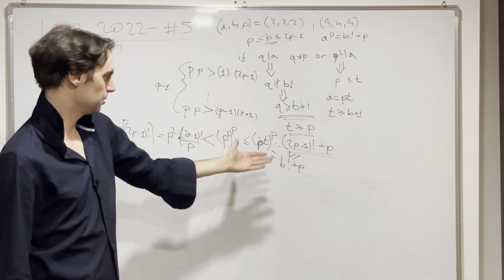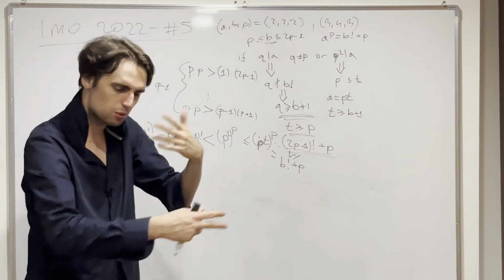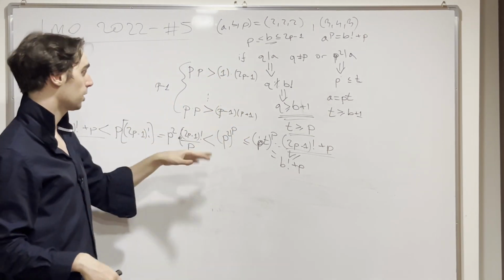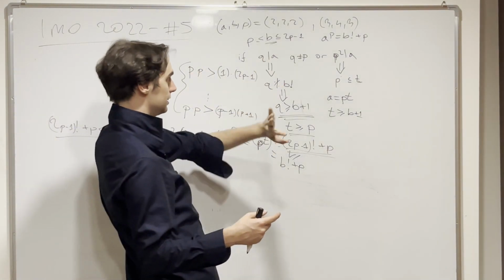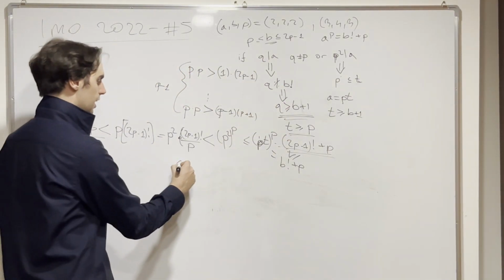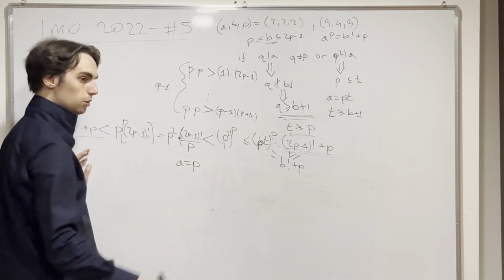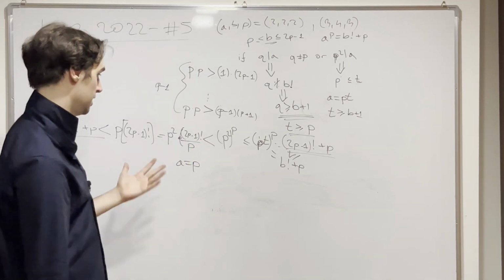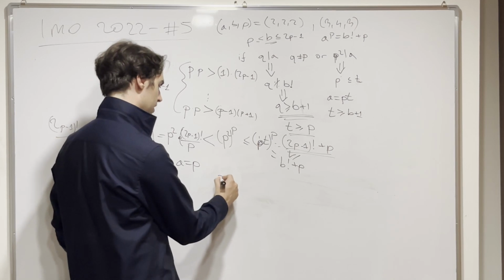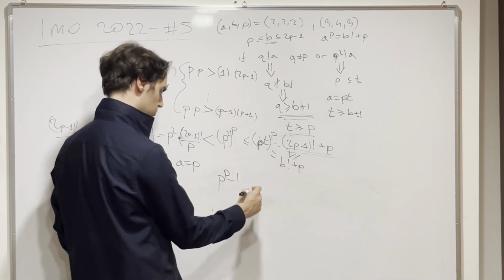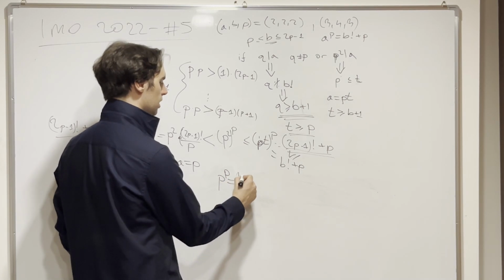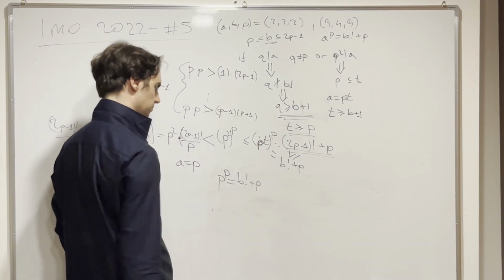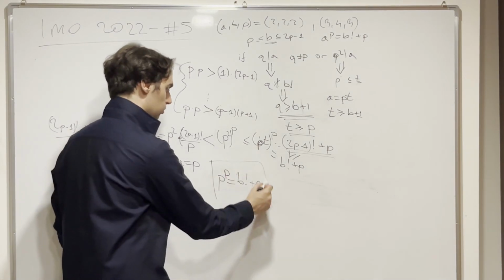So this part, also, mind you, is a step-by-step process, and now we're left with really saying that if this is the case at some point, then a is in fact equal to p. So we'd have that p to the power of p is equal to b factorial plus p. This needs to hold true.